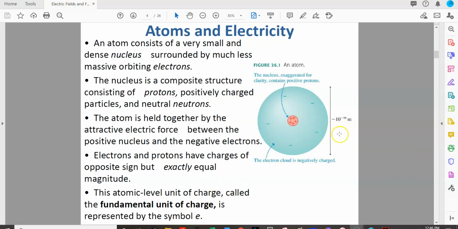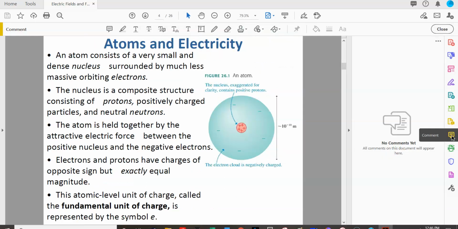I'm going to mark up this document, and if you've never marked up an Acrobat Reader document, what you do is go here to the Comments tool. When you highlight it here on the right-hand side, you'll see a little window that looks like a little TV screen. You click it, and that pops out this window right here.